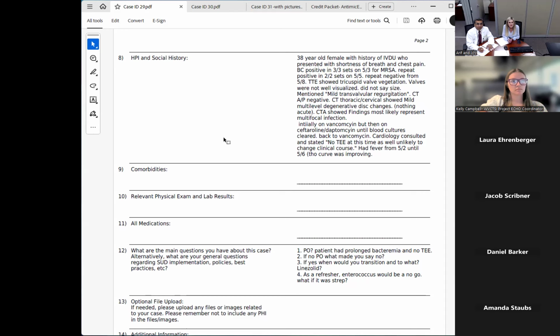Of note, she had fever from 5.2 until 5.6, and that is when the blood cultures were still positive. So basically, once the blood culture cleared, the fever cleared as well. So my question now, she's doing great today. Her biggest thing was having some thoracic chest pain, which has mainly resolved. No other complaints, no concern for osteomyelitis or lumbar abscess or any foci anywhere else. So my question is, considering this patient had prolonged bacteremia and no TEE, would you consider transition to PO antibiotics?